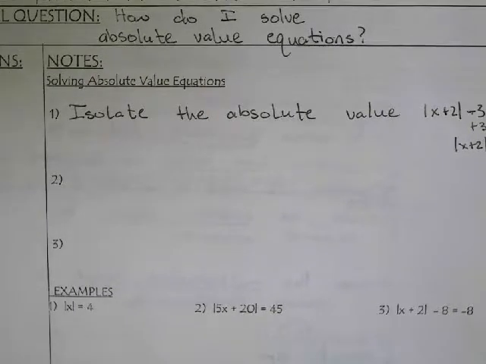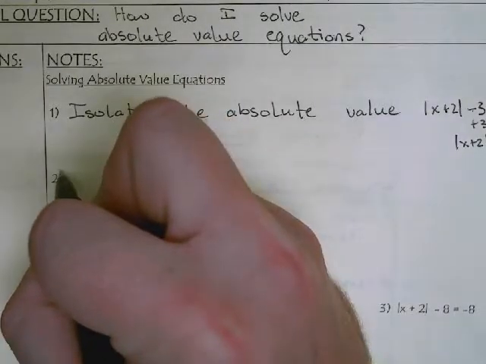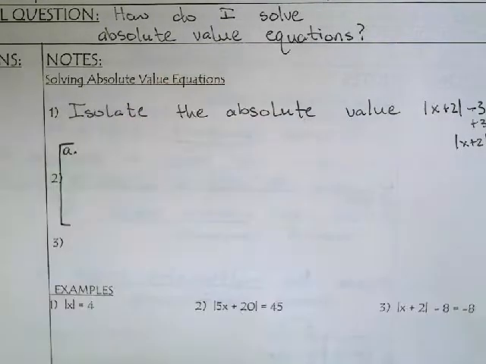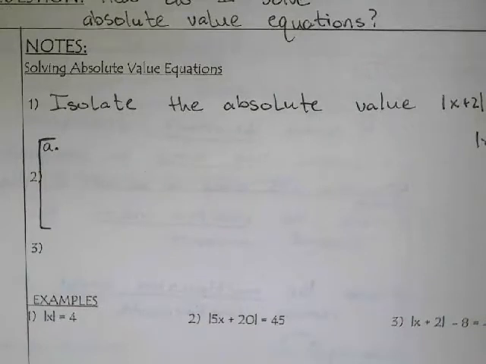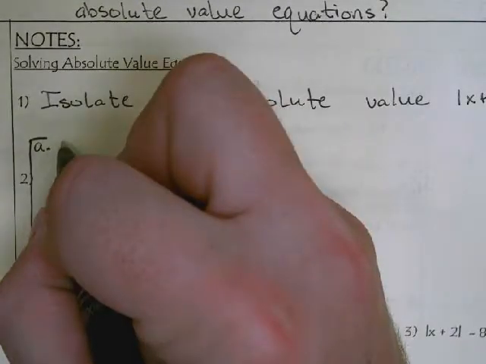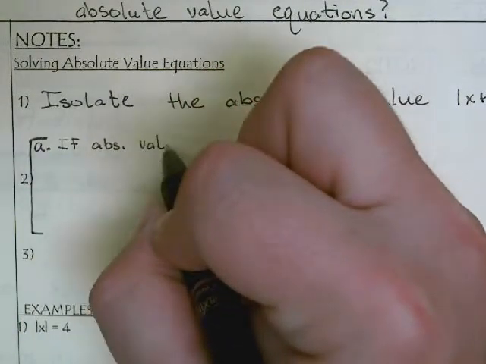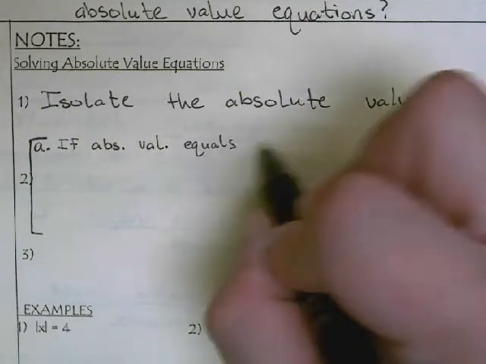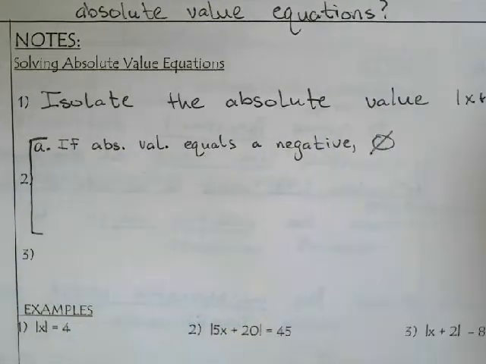On number 2, there's 3 different parts. Let's put part A up here. If absolute value equals a negative, no solution.